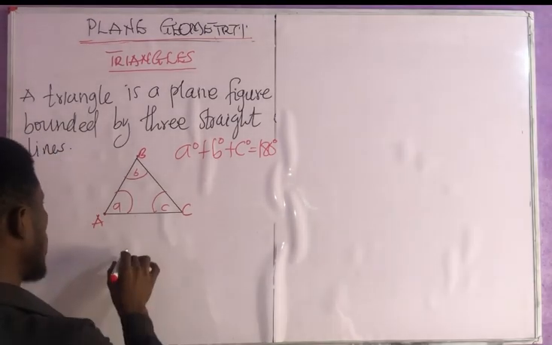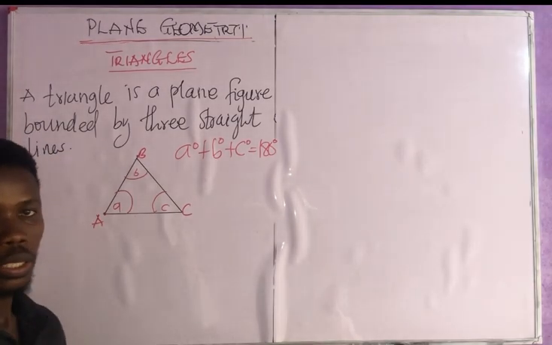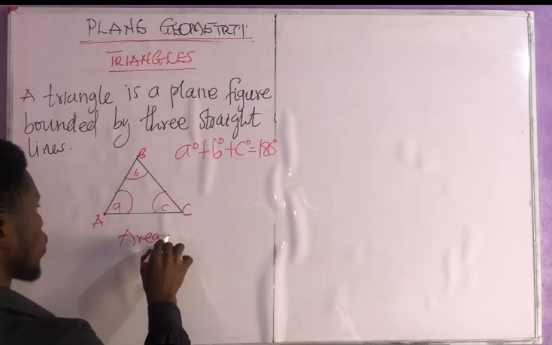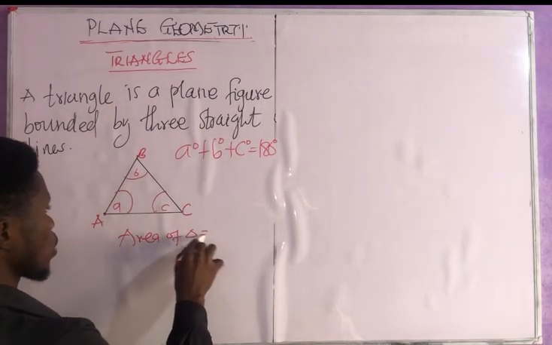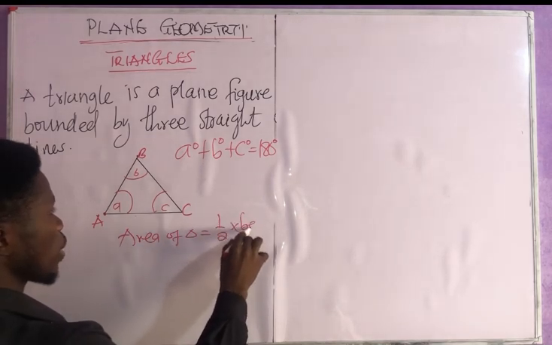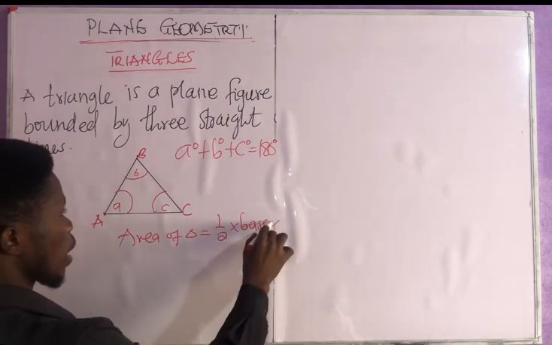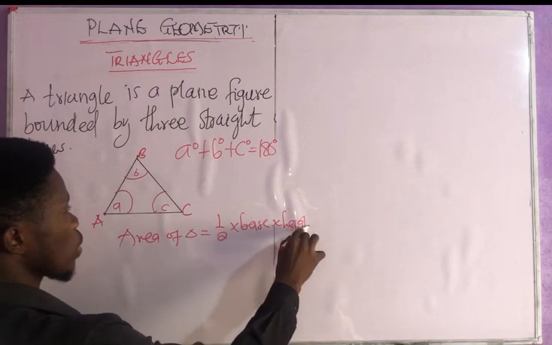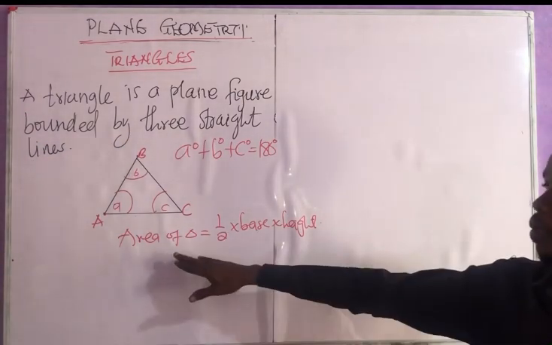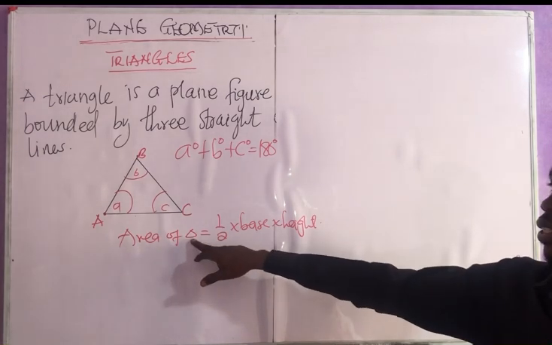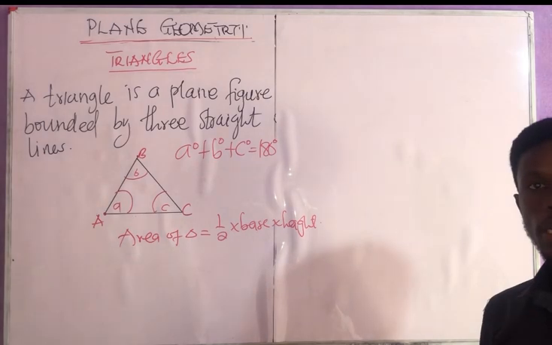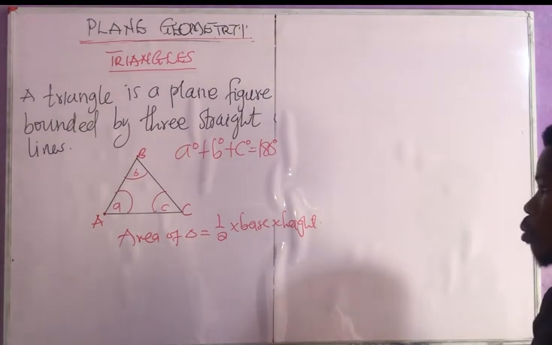And the area of a triangle, so area of a triangle is equal to half times the base times the height. Is that okay? Very good.